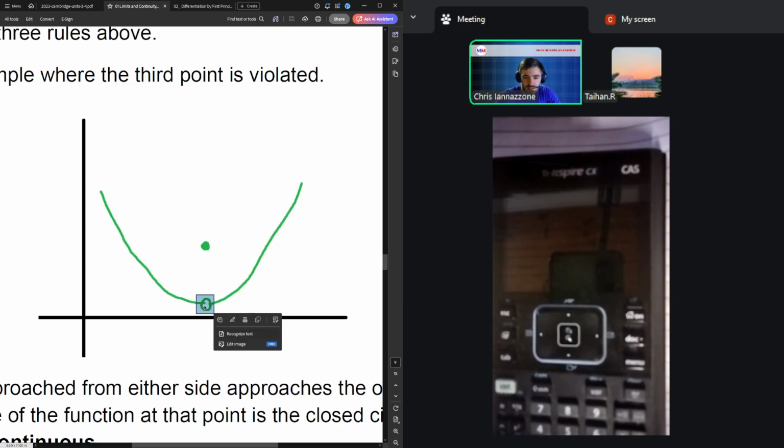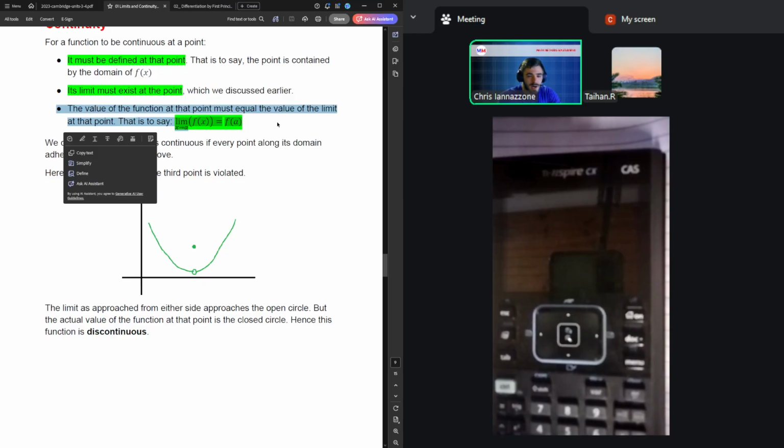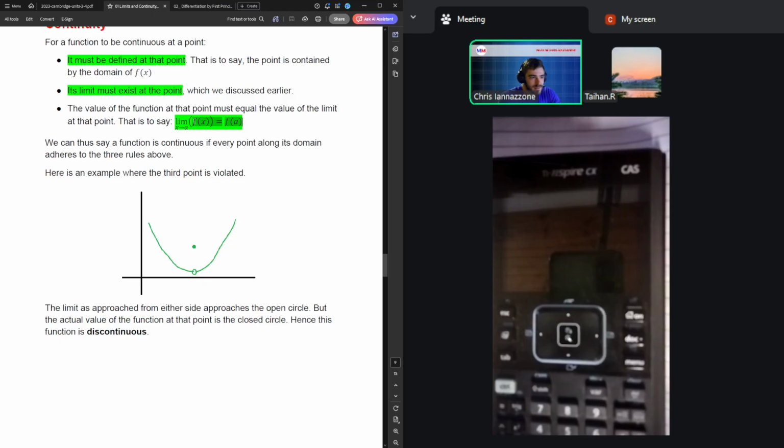So the limit is down here, but you do have this floating dark circle up here which says the actual value is up here. Now this is obviously discontinuous, you've got a floating dot for no good reason. It's easy to spot that, but as far as what criteria you'll mention is violated there, you'll mention number 3.